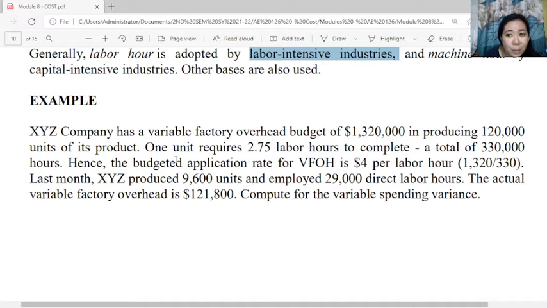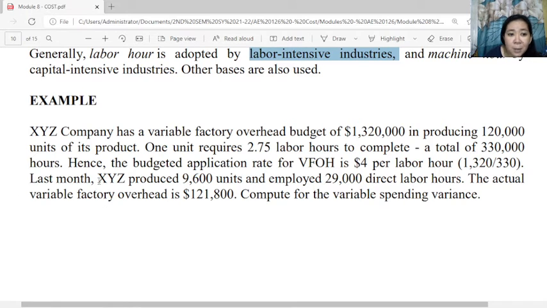So they are producing 120,000 units of its product. One unit requires 2.75 labor hours to complete, so that is a total of 330,000 hours. Hence, the budgeted application rate for variable factory overhead is 4, that is 1,320,000 divided by 330,000 hours.